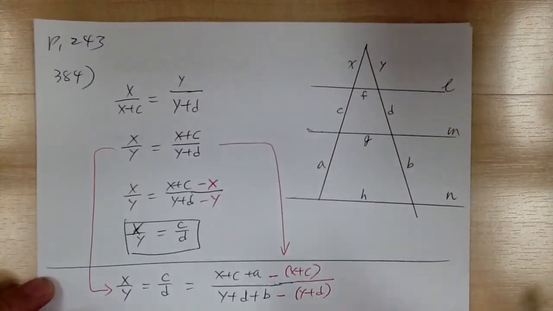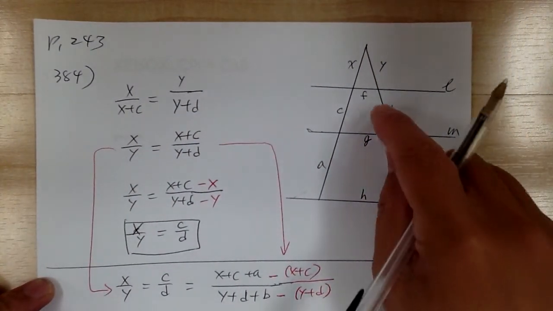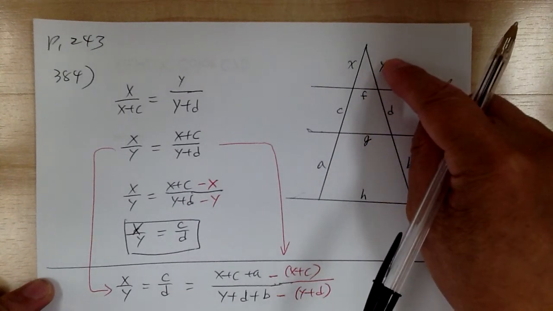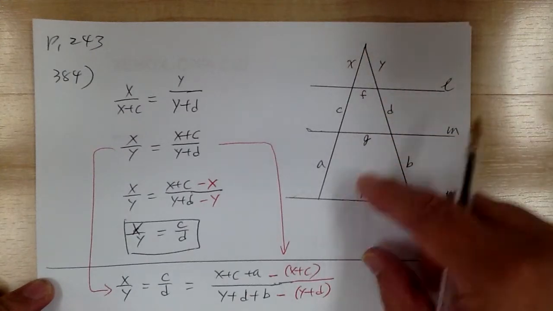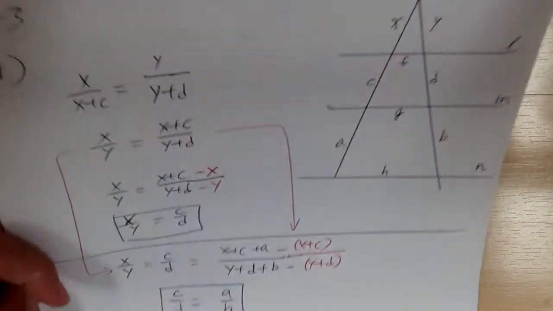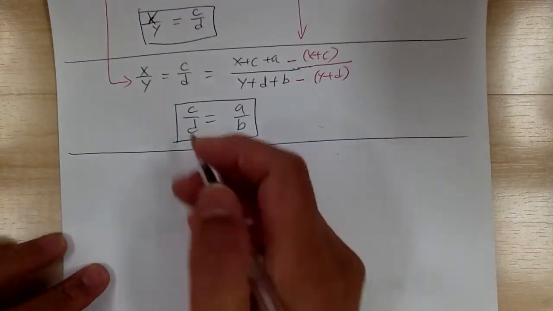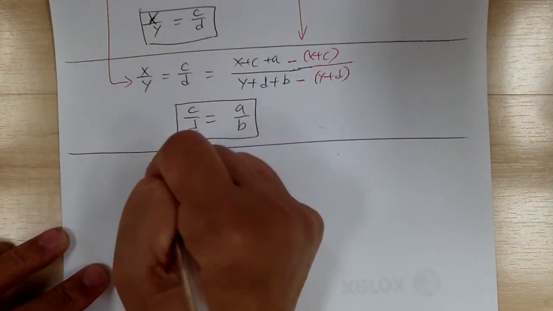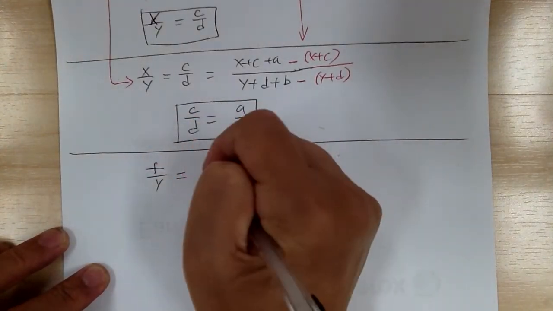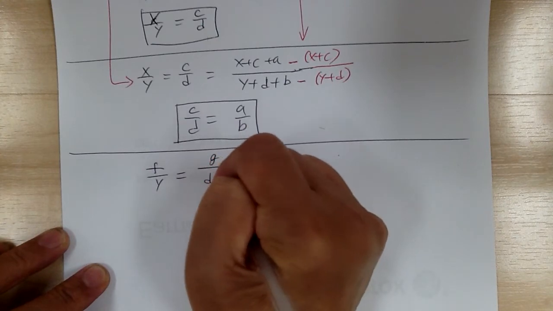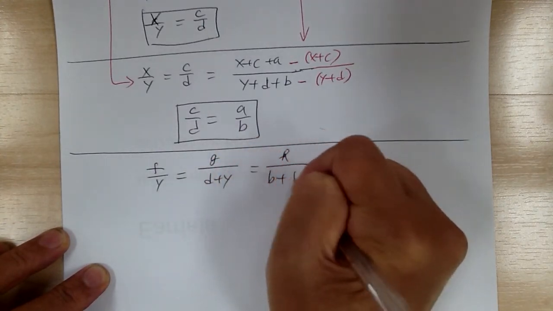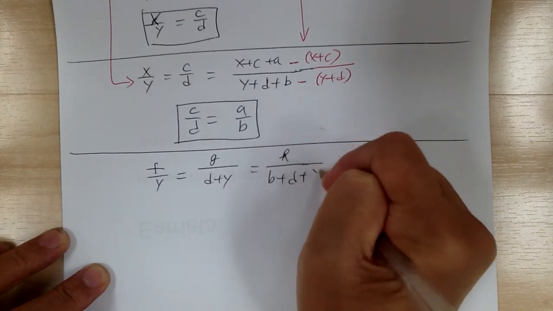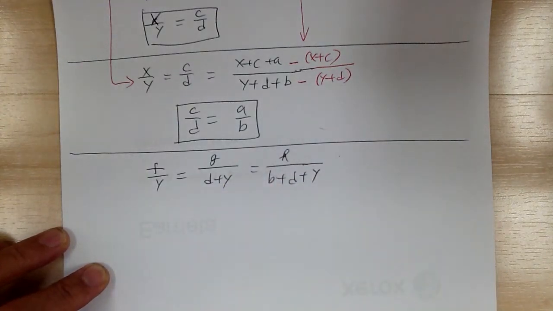Okay, so for the next part, again using similar triangles, I'm going to use the bottom over right equal to bottom over right equal to bottom over right, using the three triangles. So again, I need to get my proportion first before I can add or subtract anything, right?